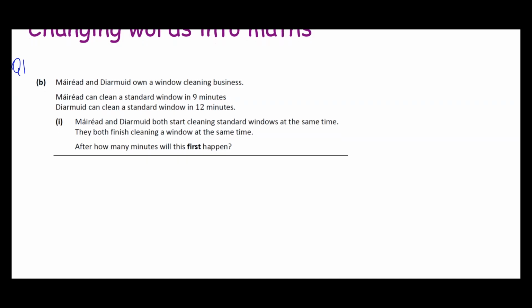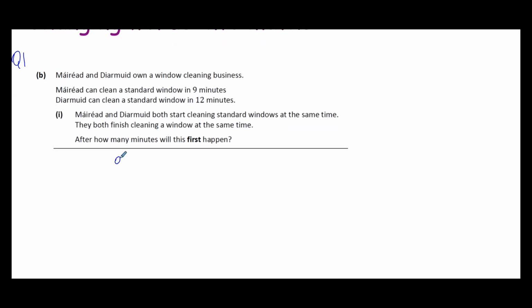Okay, because we understand that, Myriad 9 minutes and Dermont 12 minutes. So if we are considering the first window, it will take her 9 minutes, it will take him 12 minutes. Second window, 2 windows clean, it will take her 18 minutes and it will take him 24 minutes.